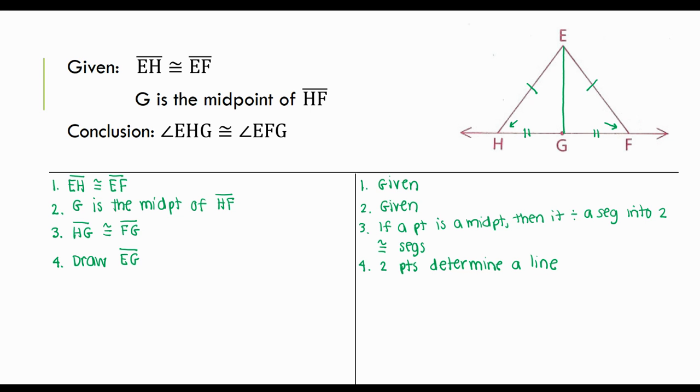Now that I've created these two triangles, I have two things that are marked in the triangles. I need one more thing in order to prove that the triangles are congruent. Well, notice that the segment that we drew is now shared between the two triangles. We can say that the segment EG is congruent to itself, and that's because of the reflexive property.